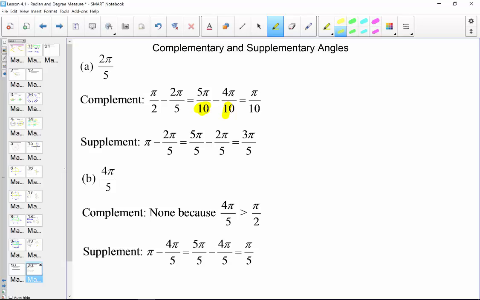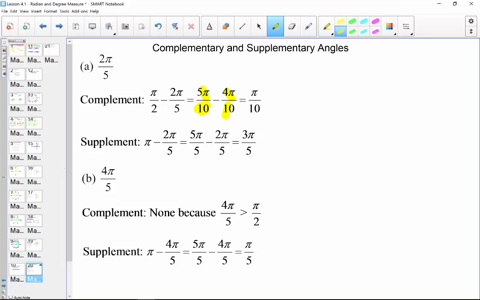So pi over 2 is equivalent to 5 pi over 10, and 2 pi over 5 is equivalent to 4 pi over 10. 5 pi minus 4 pi equals pi over 10. So pi over 10 is the complement to 2 pi over 5. Mathematically, that means that pi over 10 plus 2 pi over 5 equals pi over 2.